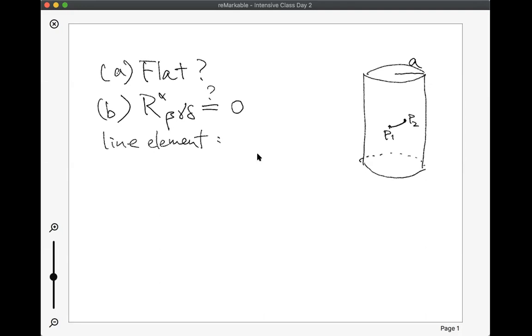I hope that all of you can see my writing. I would also like to ask you guys, what is the line element here? This should not be super difficult for you.